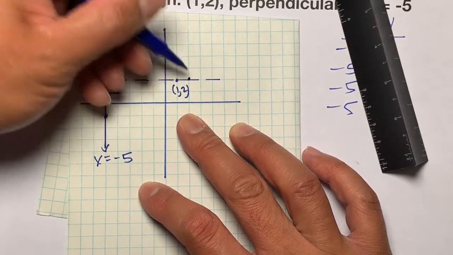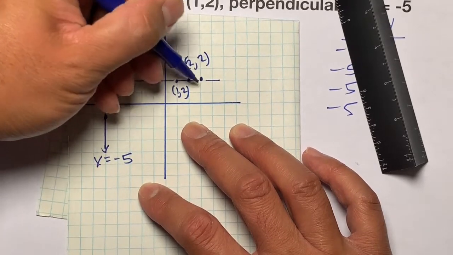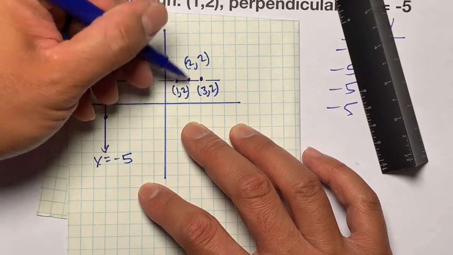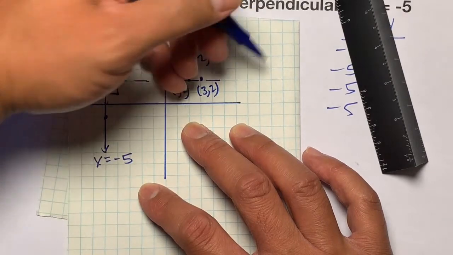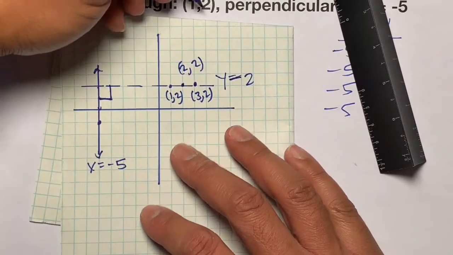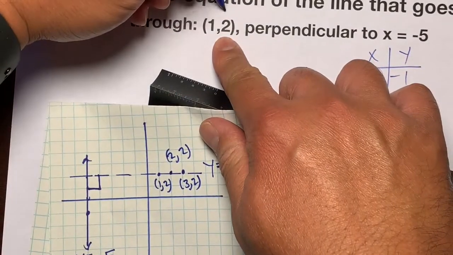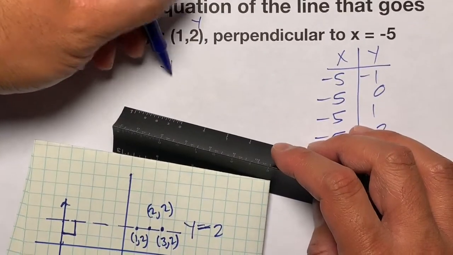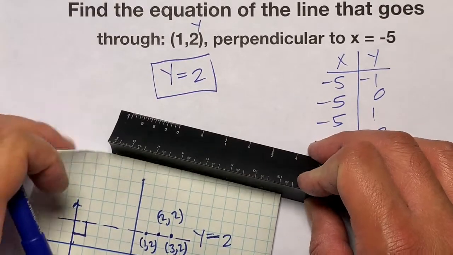This point right here is (2, 2). This point right here is (3, 2). You guys get the point. What do all three of these points have in common? y equals 2. So there's the equation of that. Or instead of doing this, you can recognize, hey, look at that, that's the y. So our final answer is y equals 2.